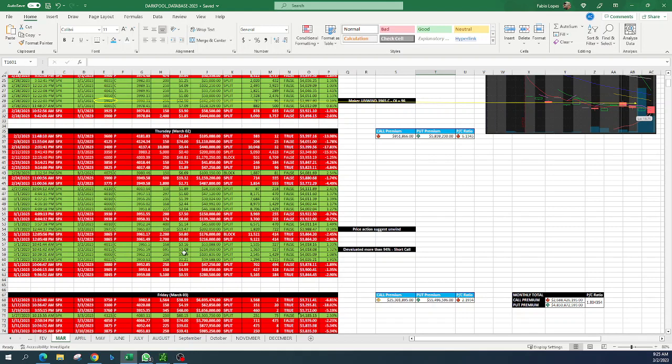So I separate the bigger orders, more than $200,000, and then I check the volume, how many contracts, the percent of the contracts for each order, comparing with the open interest and the price action.